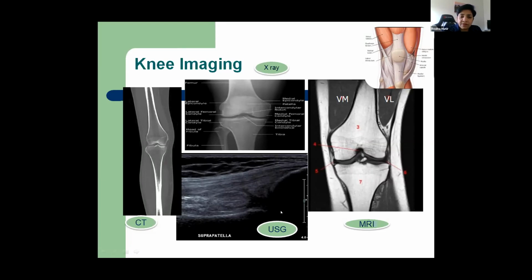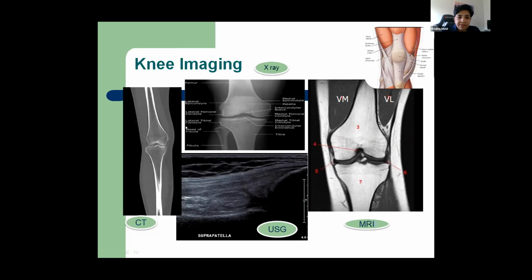Now coming to this, it is the image taken with the help of ultrasound. If you look over here, on the ultrasound you can see the soft tissue, you can see the tendons, and you can see the bursa area. The ultrasound shows a very nice picture of your entire anatomy. But in the ultrasound, you cannot have a good evaluation of the bone because the sound waves do not pass through the bone.